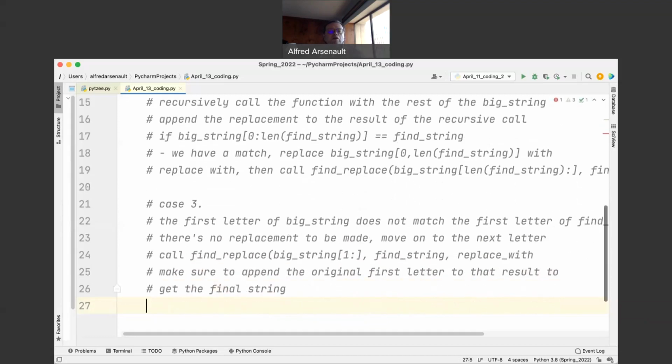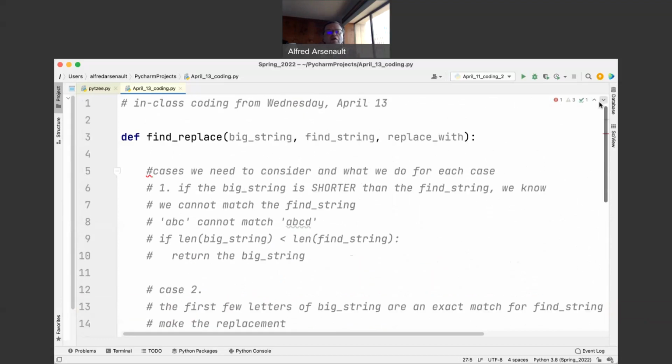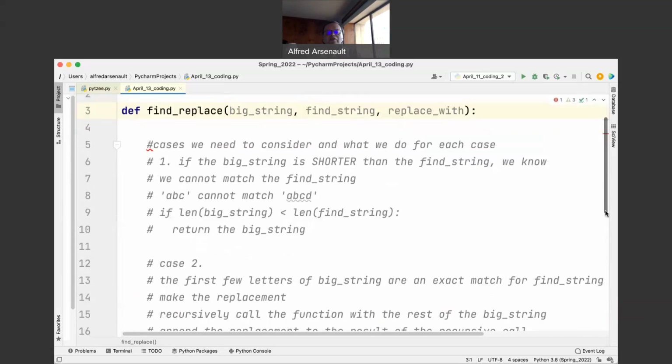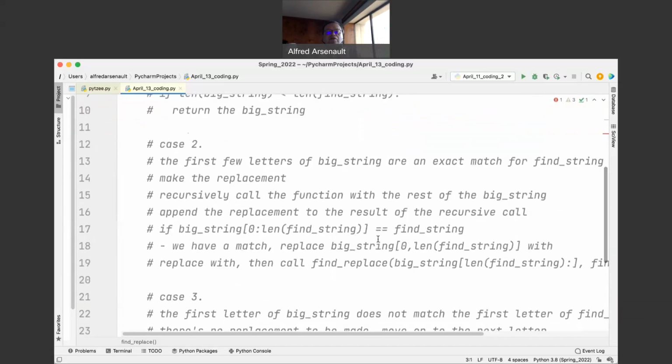Okay, so realistically, when you're doing problem 3 on homework 6, make sure that your code for def find replace covers these 3 cases. The first case is if the big string is shorter than the find string, you simply return the big string. That's it. You're done. There can be no more replacements. The second case you have to consider is if there is an exact match.